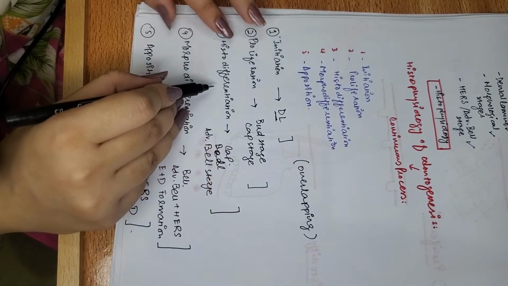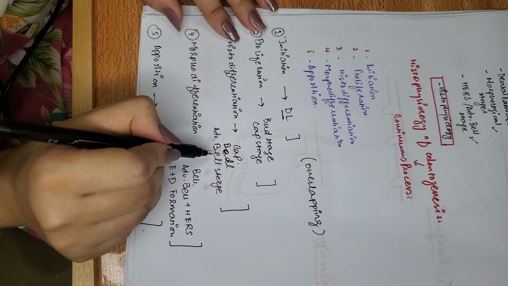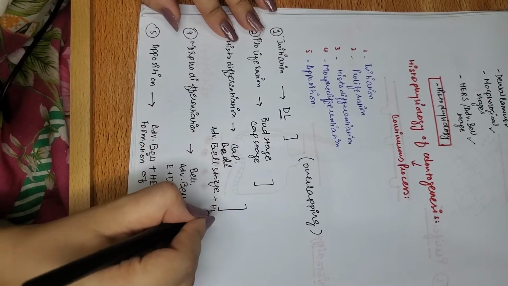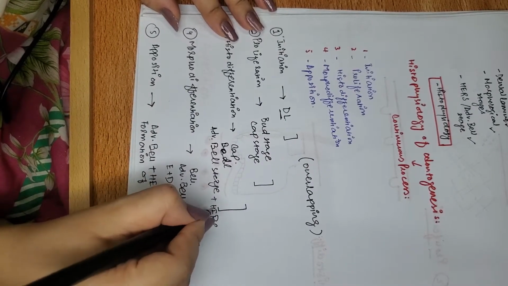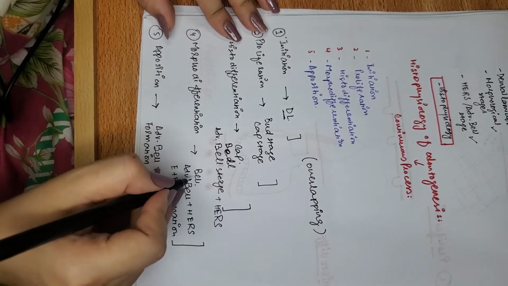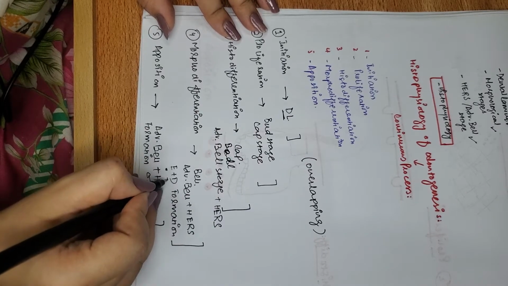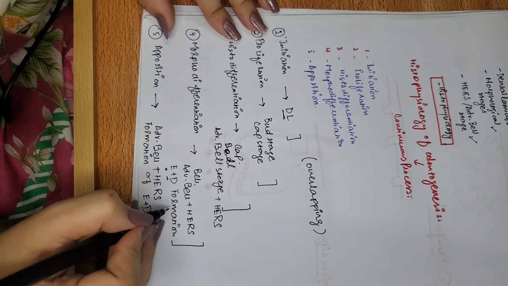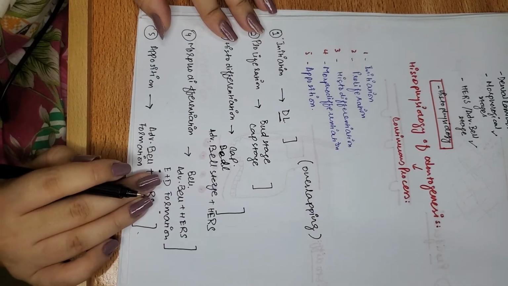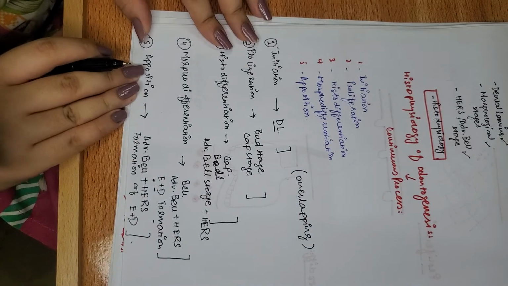The histodifferentiation is happening in the cap stage, bell stage and the advanced bell stage, or the stage in which Hertwig's epithelial root sheath is forming. Then the morphodifferentiation is happening in the bell stage, advanced bell stage, and the stage in which enamel and dentine are forming, or amelogenesis and dentinogenesis. Then we have the last stage, the apposition.